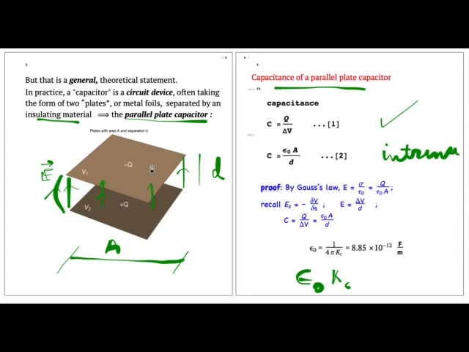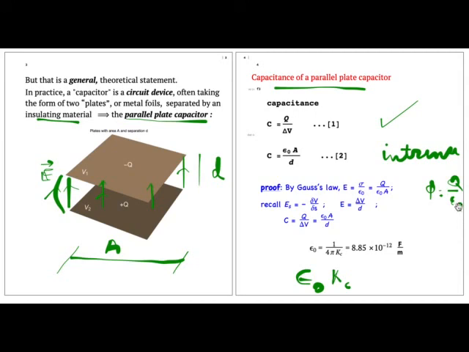If I set up a little Gaussian surface here, the electric flux through a Gaussian surface would be equal to the charge enclosed divided by epsilon zero. So Gauss's law says flux is the charge enclosed by an imaginary surface divided by epsilon zero.